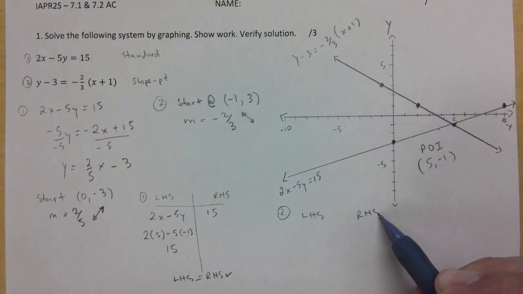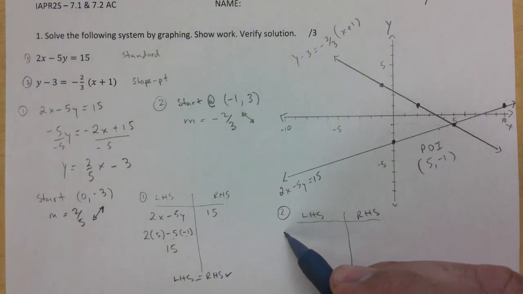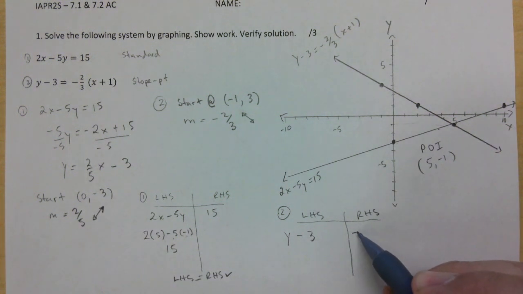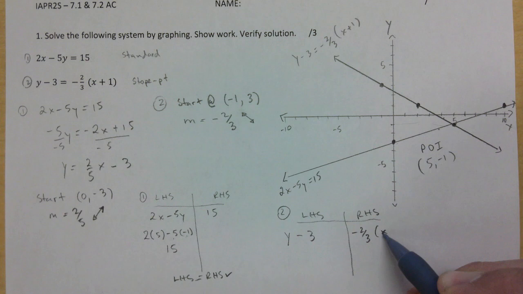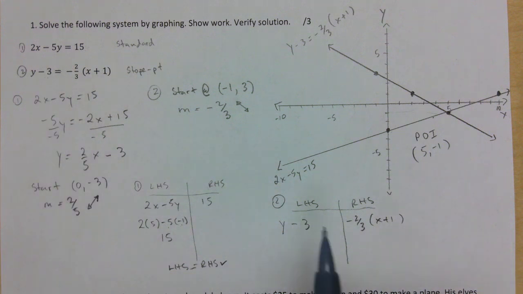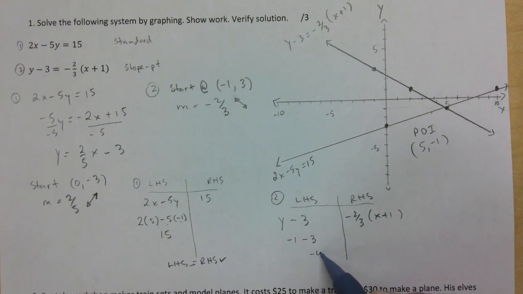And then the second one we'll also check. So that's what verifying your solution means. You have to do the check, right? y minus 3 is on the left, and on the right you have 2/3 x plus 1. If you look at this equation, left-hand side is this. So then you plug in -1 minus 3, that's -4.